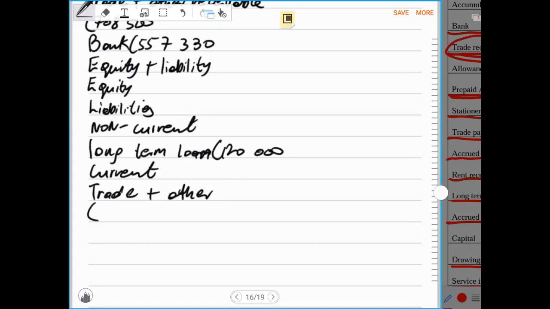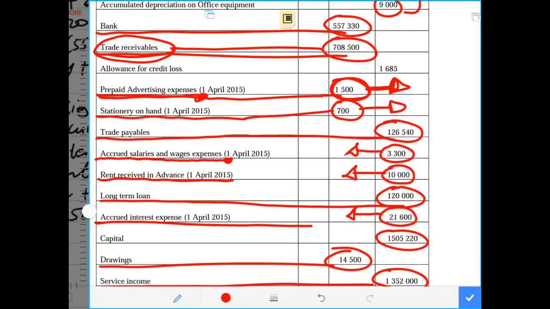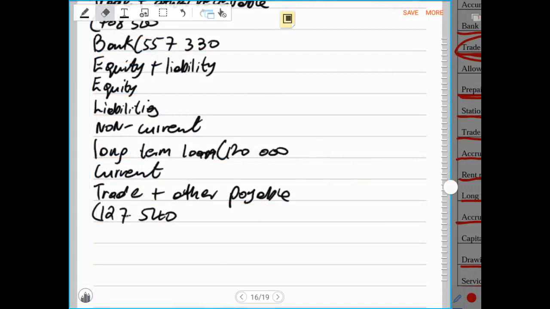Trade and other payables, because we are dealing with the liability. And it was 127,540 rands. Let me confirm that. 126,540, not 127. So that is 126,540 rands.